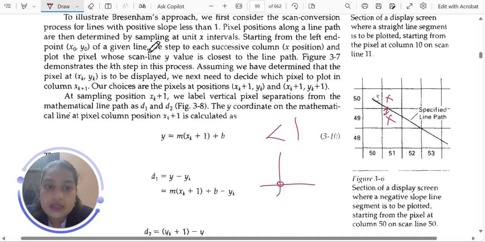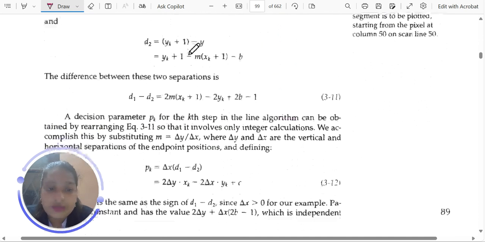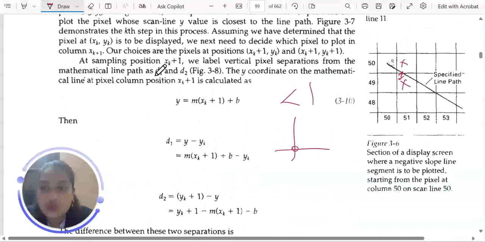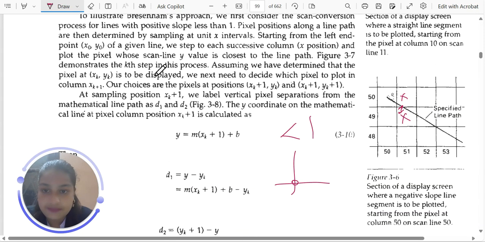Now here we have another figure demonstrating the kth step in the process. This is after applying the formula. Now we will go through how we do it, the formula. This is our problem statement, and now we have to get the solution for that.